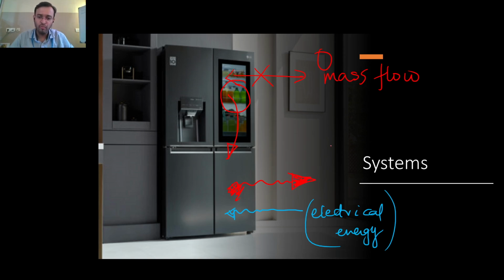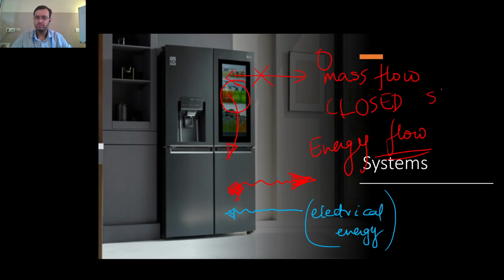So there is no mass flow, but there is energy flow. So this is an example of a closed system.